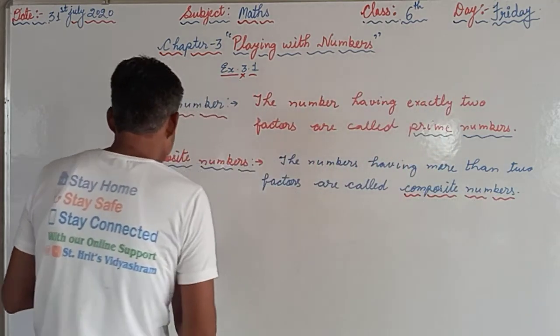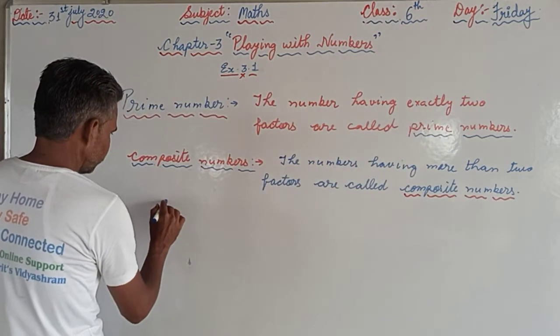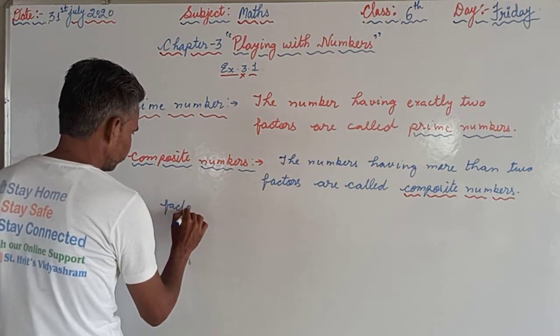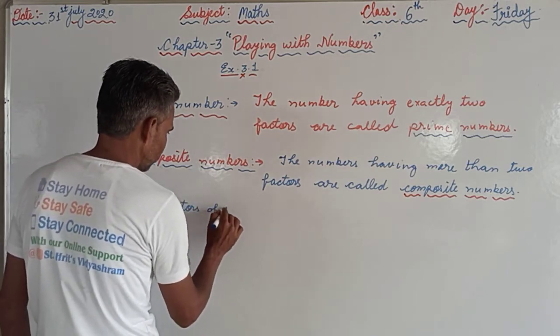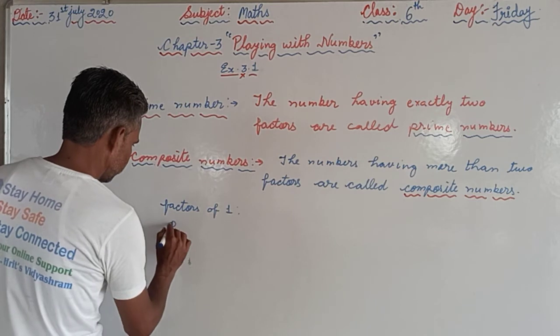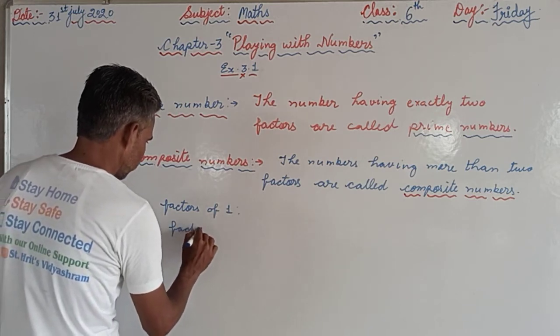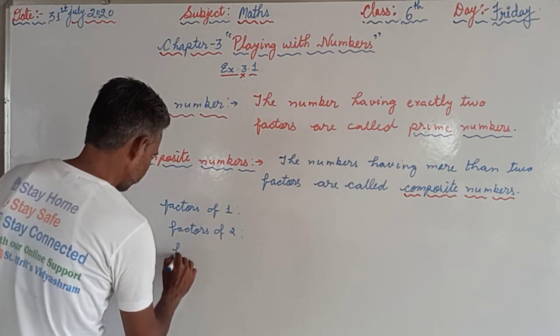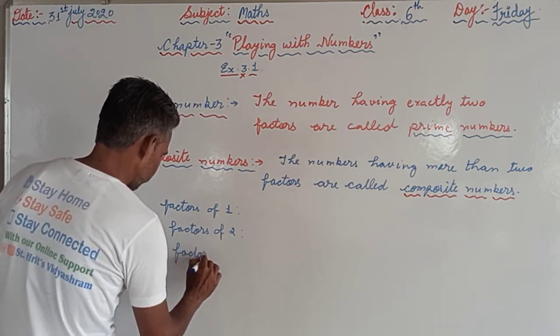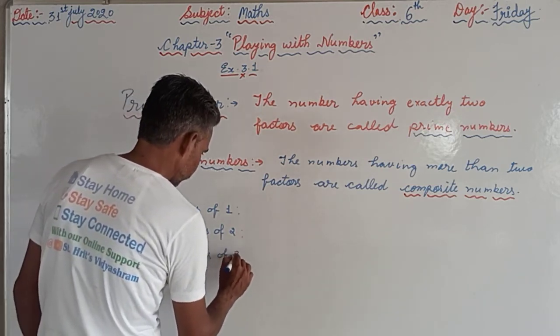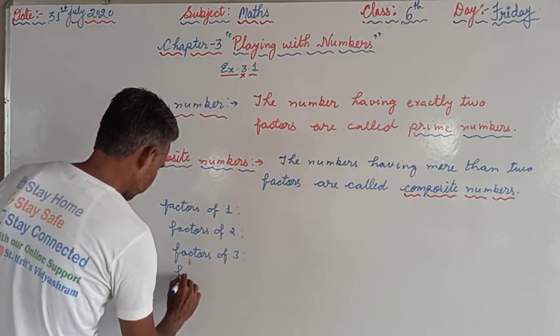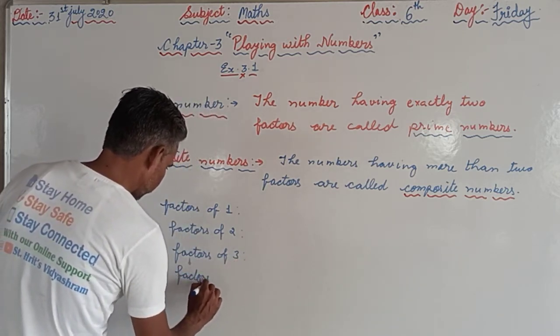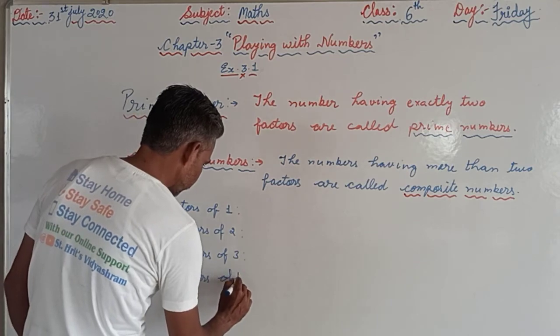We will take some examples. Factors of 1, factors of 2, factors of 3, factors of 4.